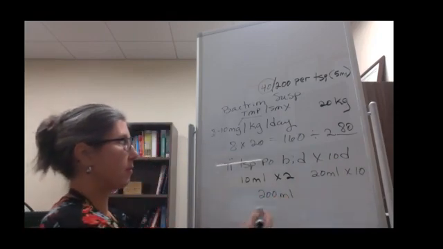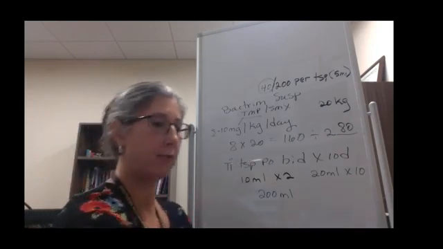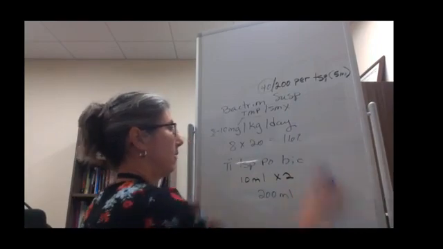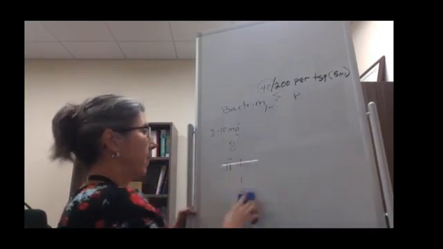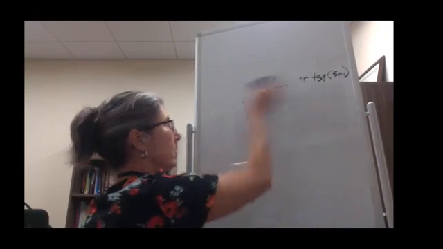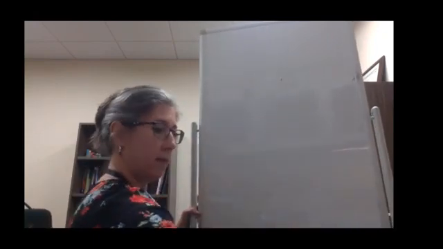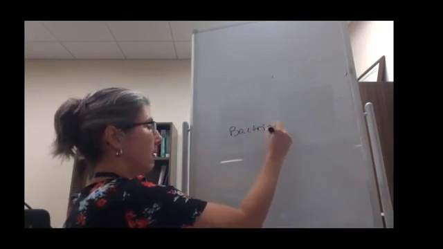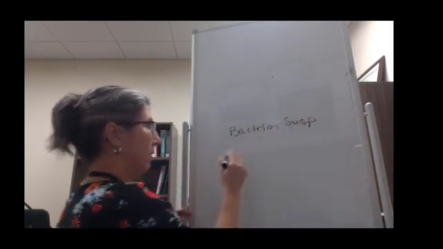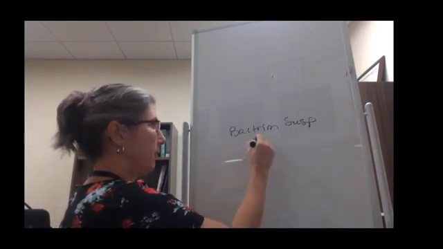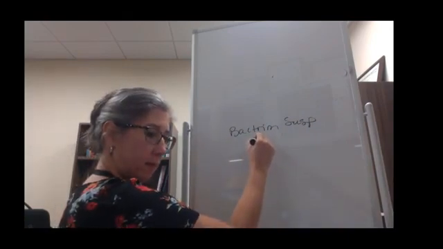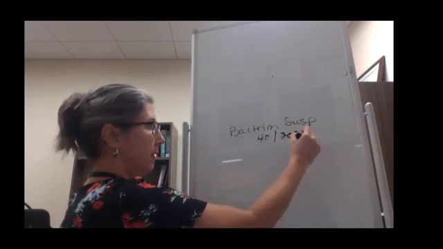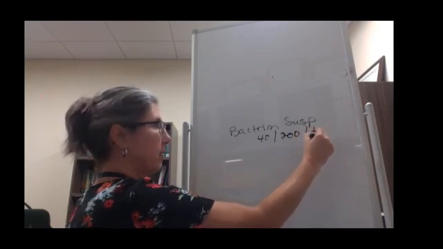So on our prescription, we would write, and I don't know if you can see this very well, but I'm going to write this out, how it would look on the SIG part of the prescription. So we would write it out, Bactrim suspension, and we would say we want to do the 40, 200 per teaspoon.